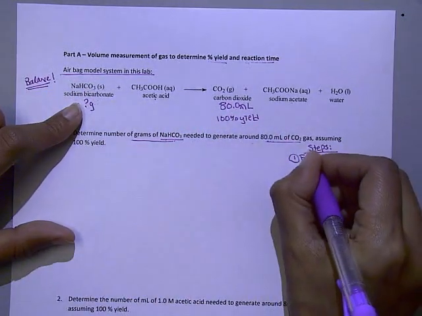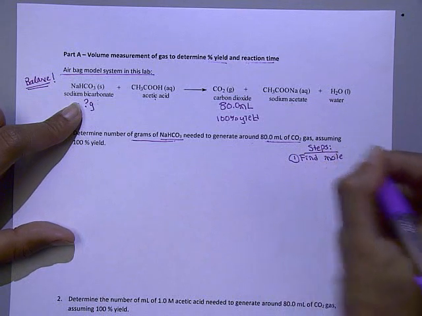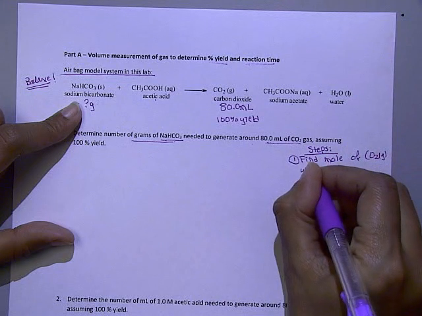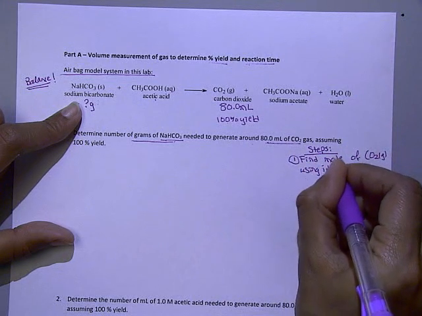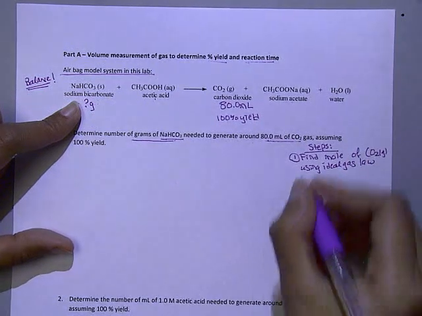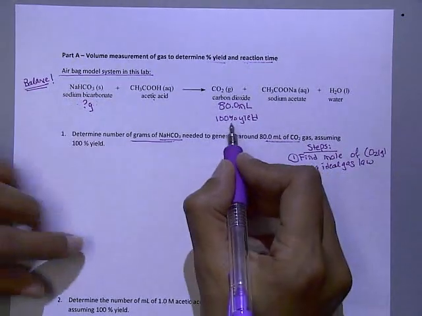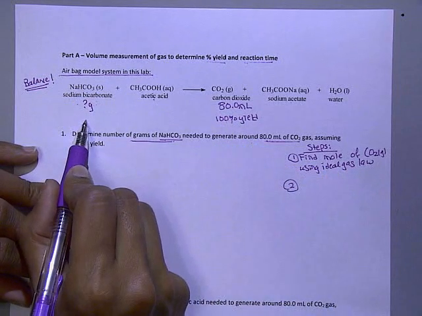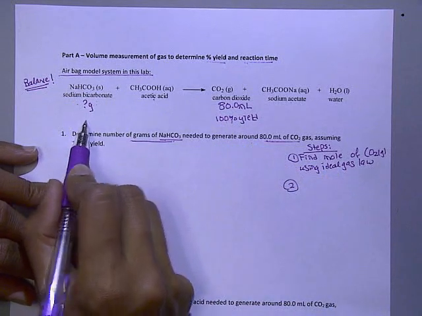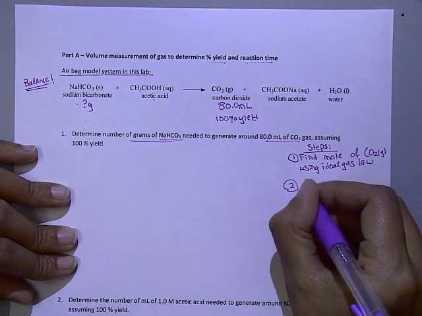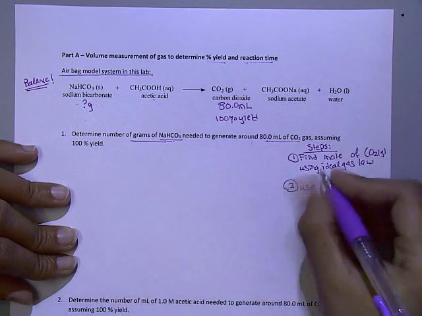So our first step is actually to find moles of CO2, and since it's a gas, we're going to be using the ideal gas law. That is the newest component of this experiment. Then once we find moles of CO2, guess what? You're using stoichiometry to convert to moles of sodium bicarbonate, and then from moles of sodium bicarbonate, you're using molar mass to convert to grams. You are all experts at stoichiometry at this point.